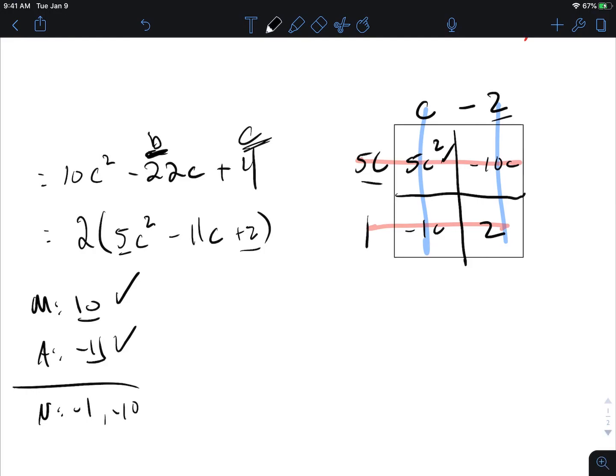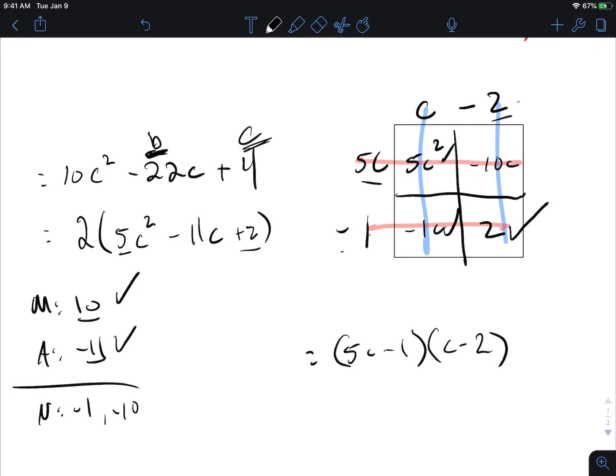Then the next one: 1 times c is just positive c, which doesn't work. I need the 1 to be negative so that it checks out with the negative 1c. And then negative 1 times negative 2 is positive 2. So my answer is just going to be 5c minus 1 multiplied by c minus 2.